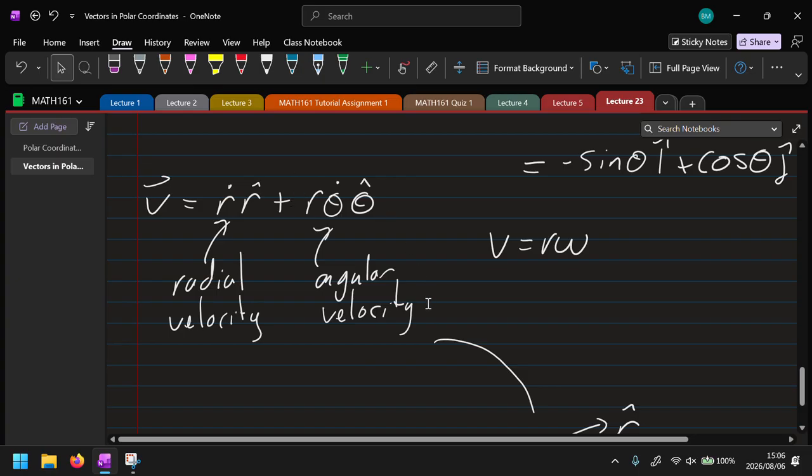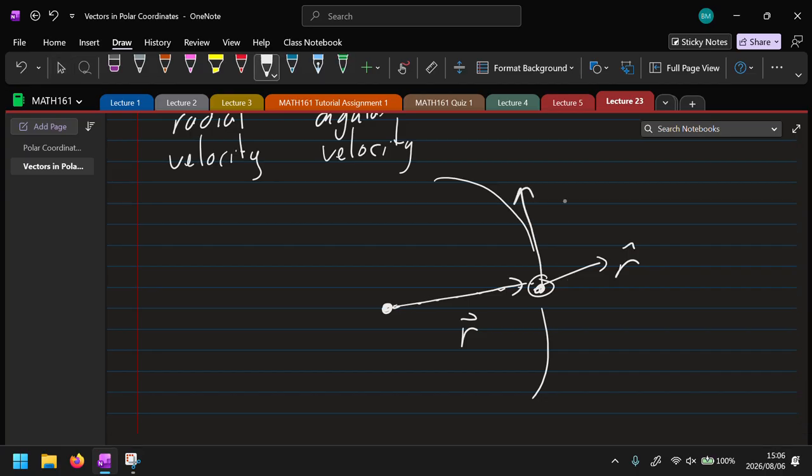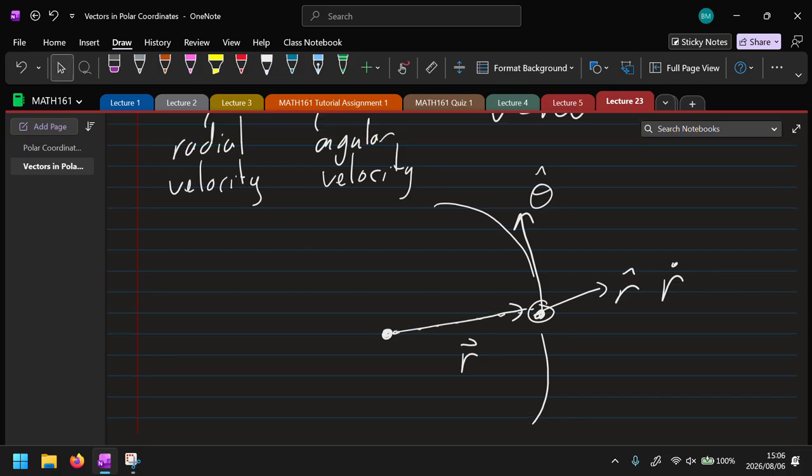r theta dot theta hat. That must be at right angles. But what is at right angles to a circle's radius? What do we call that? The tangent. Okay. So here we've got r dot, the radial velocity in the radial direction.